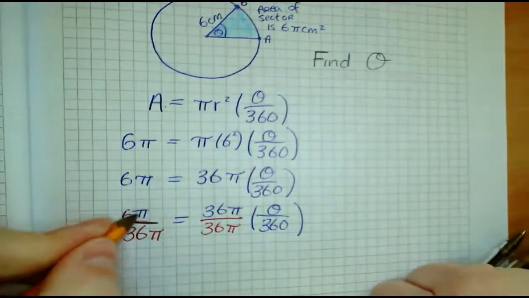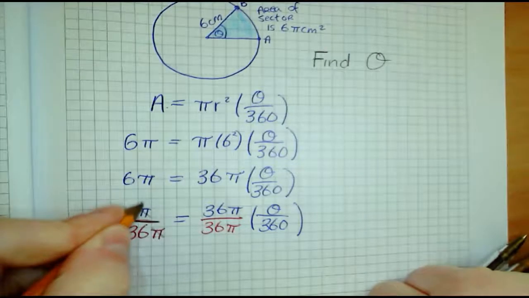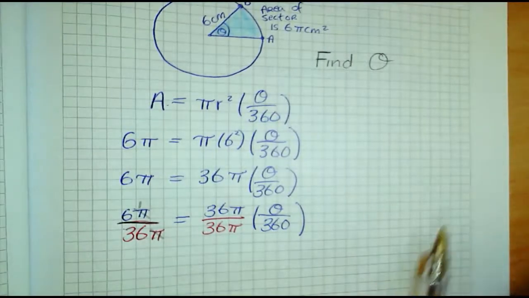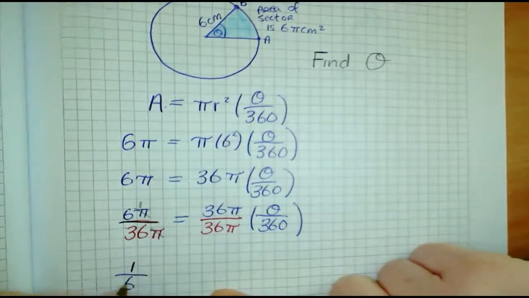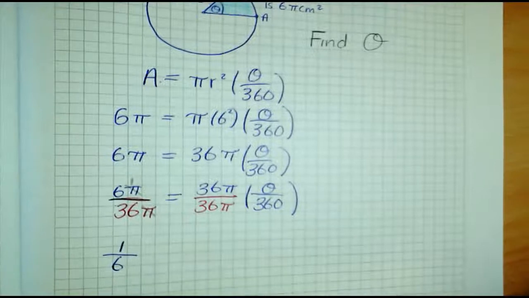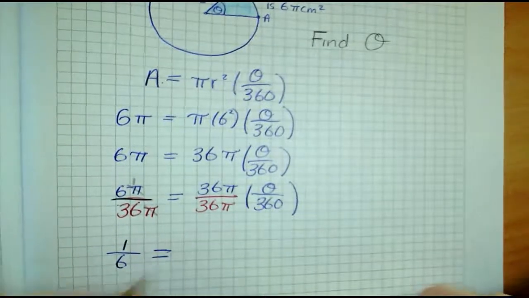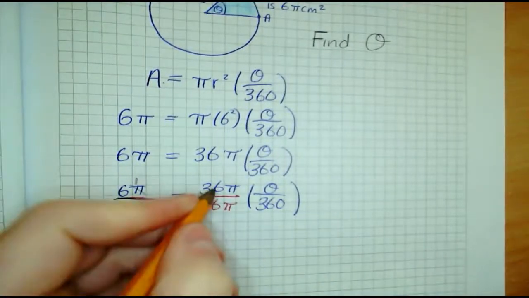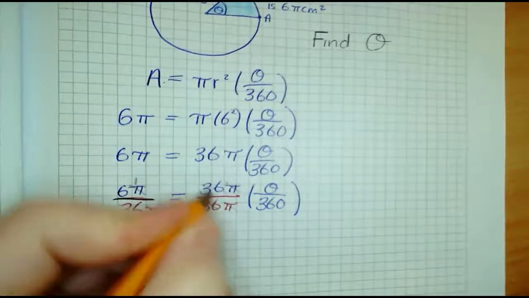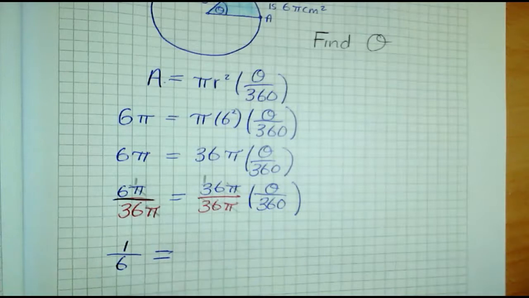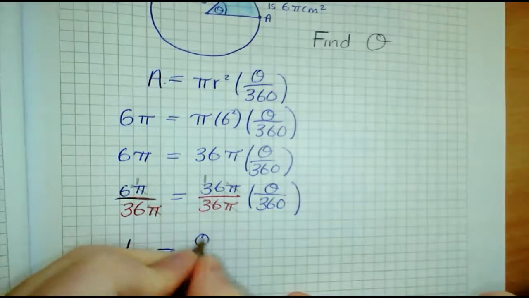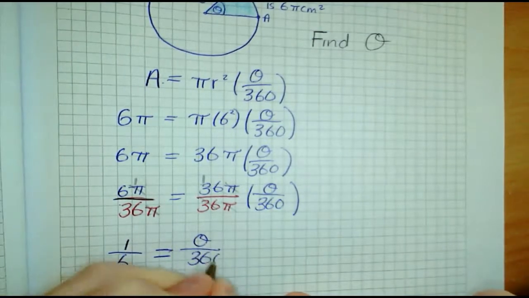So pi divided by pi goes once, and 6 divided by 36 is 1 over 6, is equal to 36 divided by 36 goes once, pi into pi goes once, left with 1. So 1 multiplied by theta over 360 is just theta over 360.